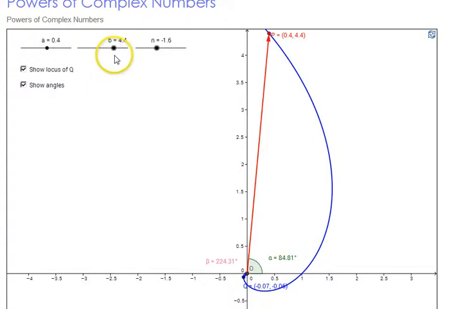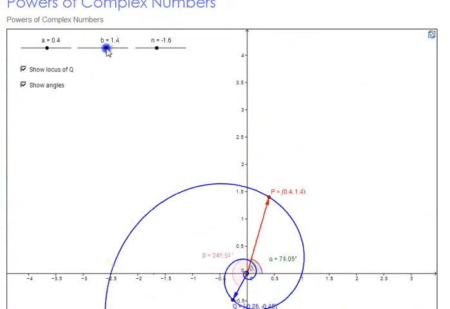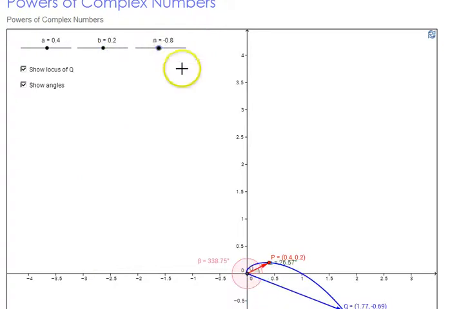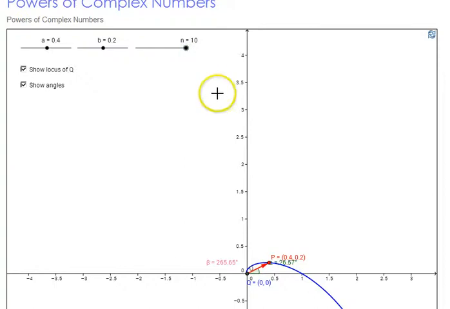If I make B back to 0.2 and I change n, you can see the locus is going in the clockwise direction. Do you see that? So the direction of the locus changed, and that is an important aspect.